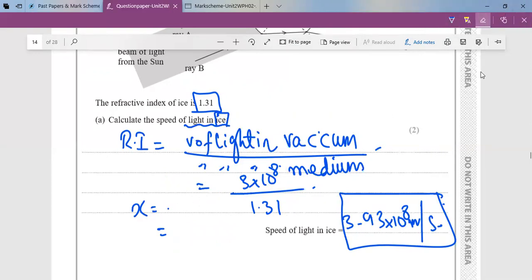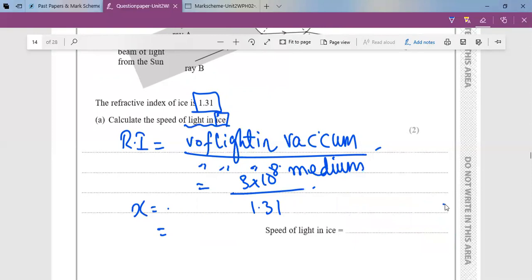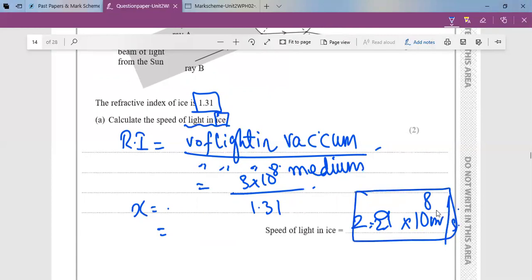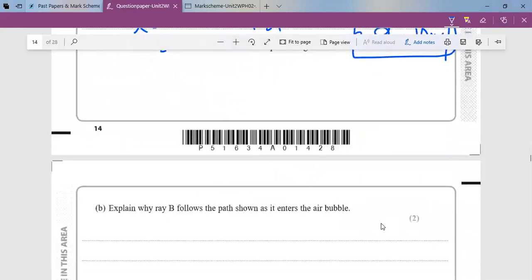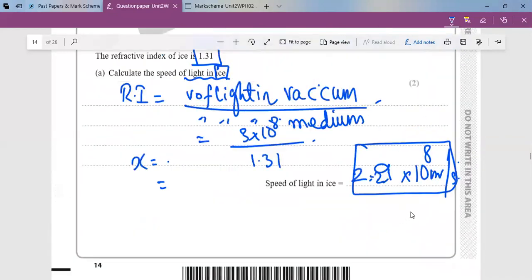What's the answer to this? 2.29 raised to the power of 8 meters per second. Clear? Is this question clear? The basic formula for this was n equals C over V.